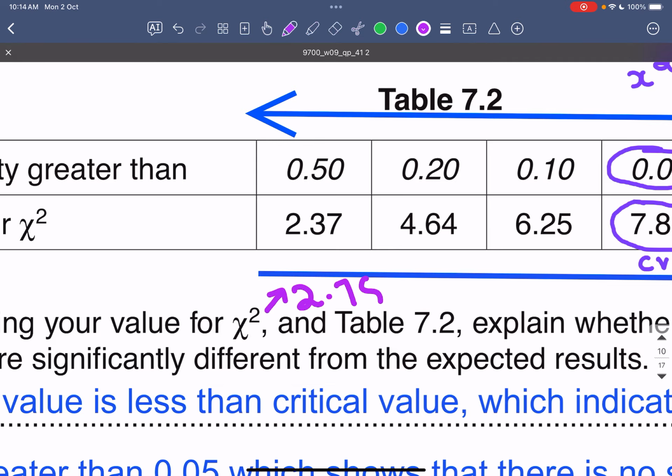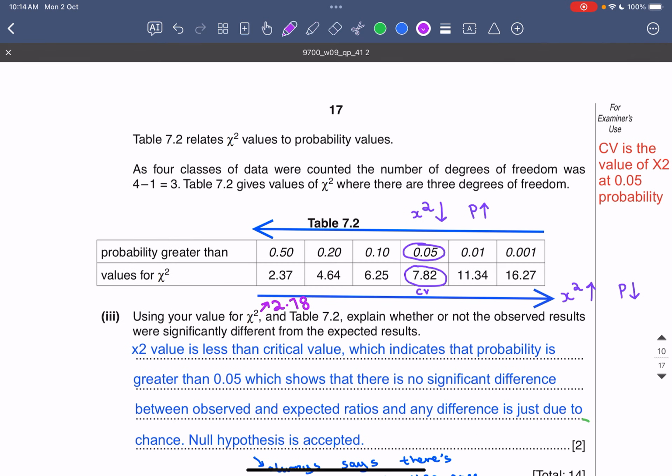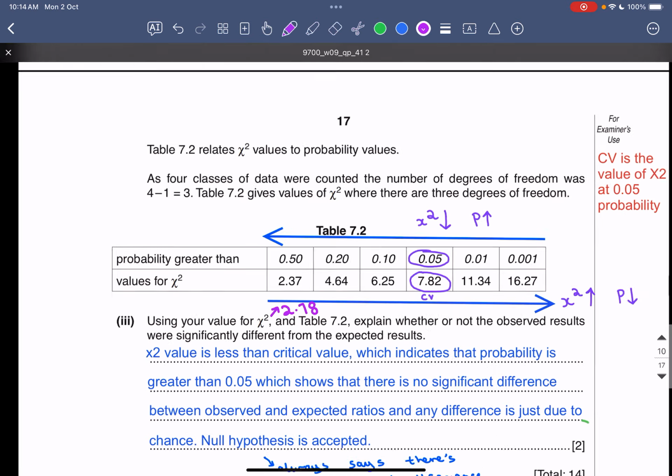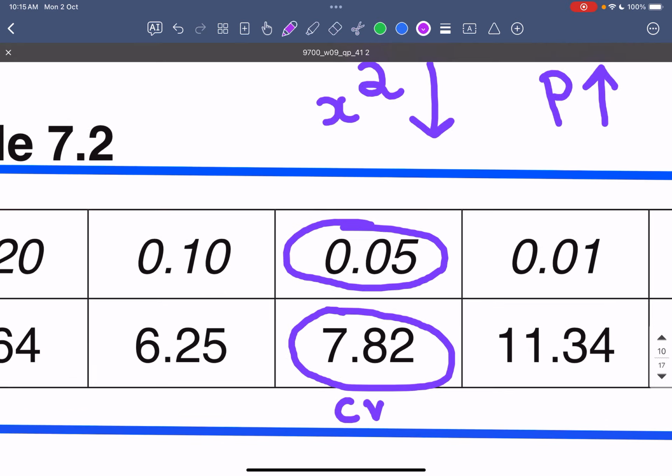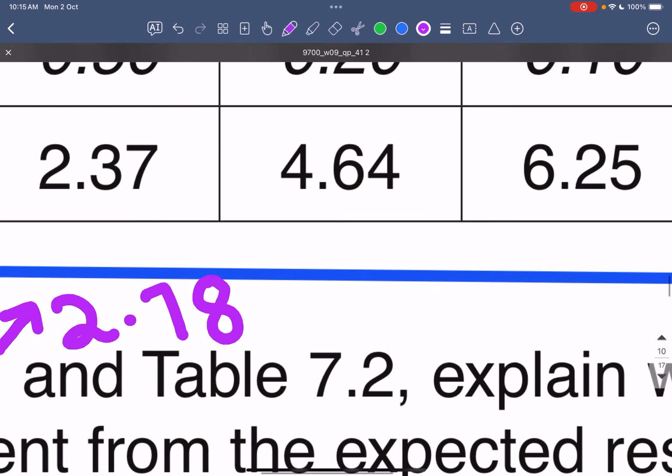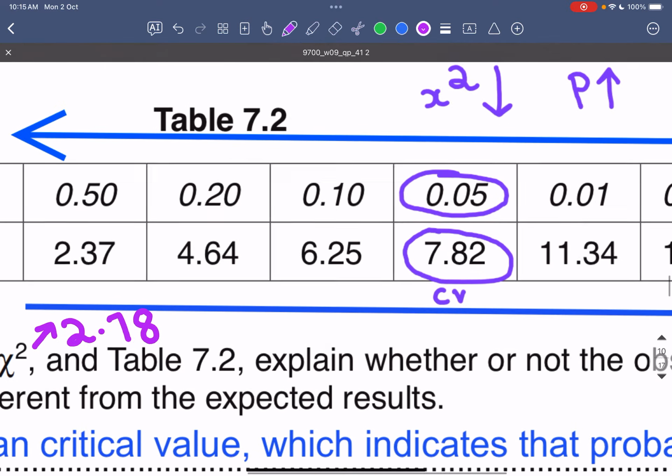We need to compare our chi-square value to the critical value. And how can you know your critical value? Your critical value is the value of chi-square when probability is equal to 0.05 or 5%. So we can see our chi-square value, 2.78, is less than our critical value.